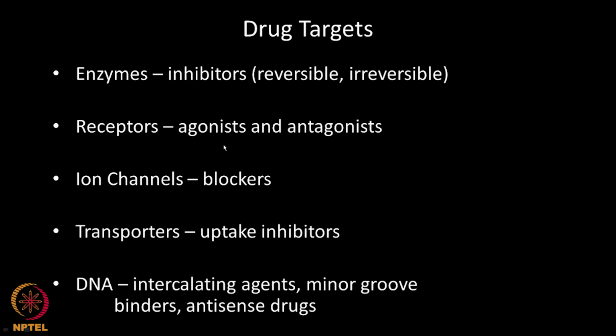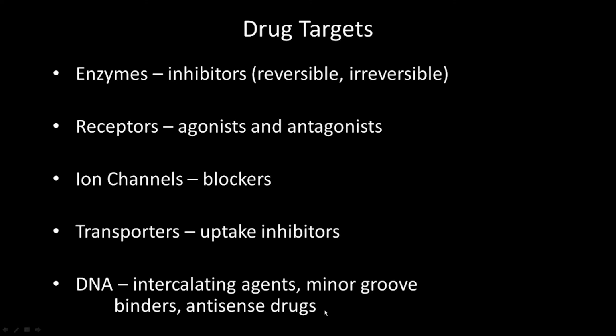The target could be an ion channel, so you could be designing drugs as ion channel blockers. The target could be a transporter, so we can design uptake inhibitors. The target could be a DNA, so the drug could be intercalating agents, minor groove binders, antisense drugs.